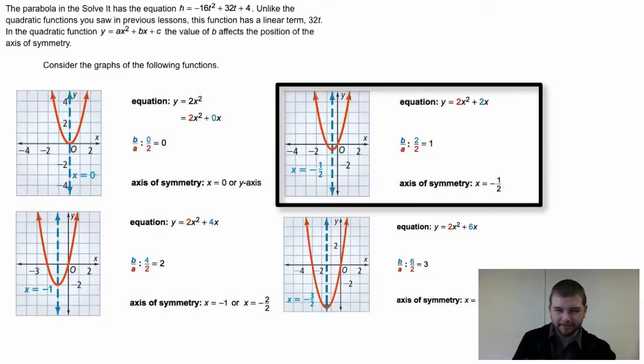Moving to the right, consider the equation y equals 2x squared plus 2x. Well, note now, if we take b over a, interesting, so our linear term's coefficient divided by our quadratic term's coefficient, we get 1. Our axis of symmetry is x equals negative 1/2.